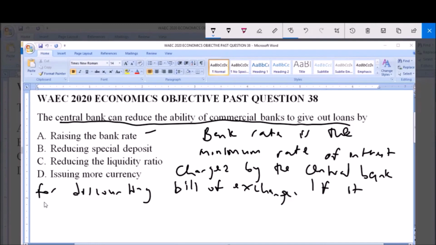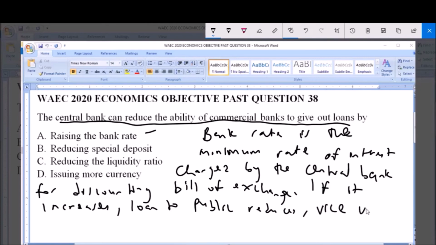If it increases, loan to the public reduces, and vice versa. Okay, so this bank rate is a rate of interest charged by central bank for bill of exchange. Now, if it increases, the loan to public reduces, and if it reduces, the loan to public increases.